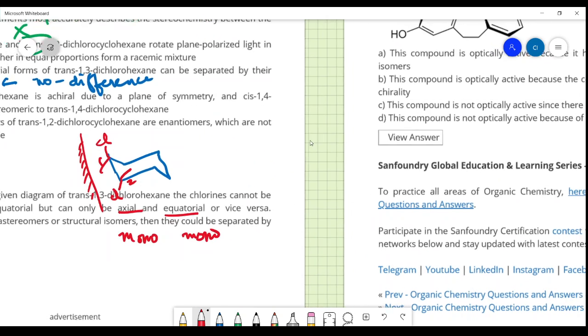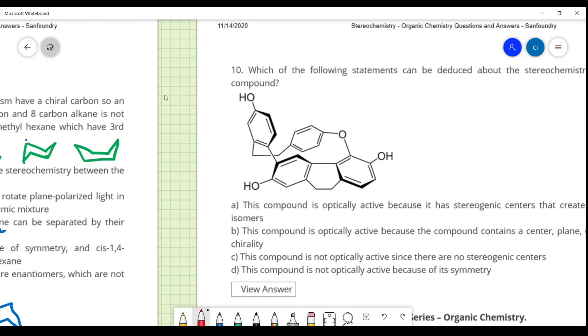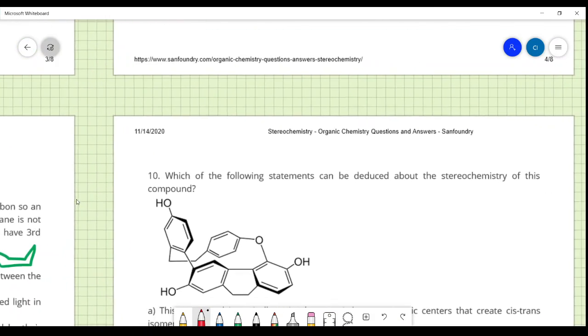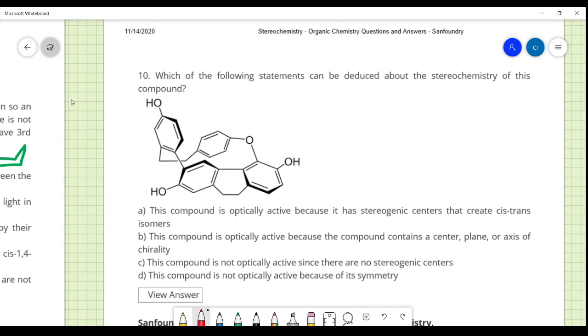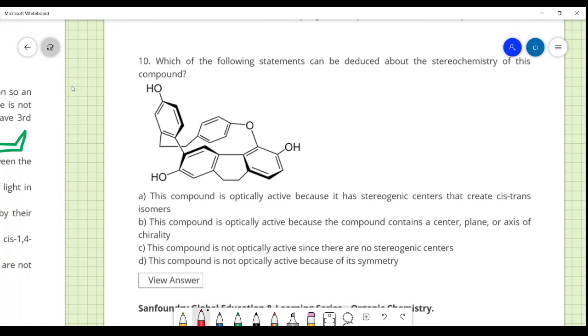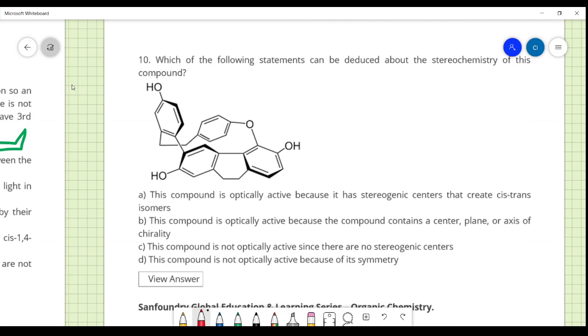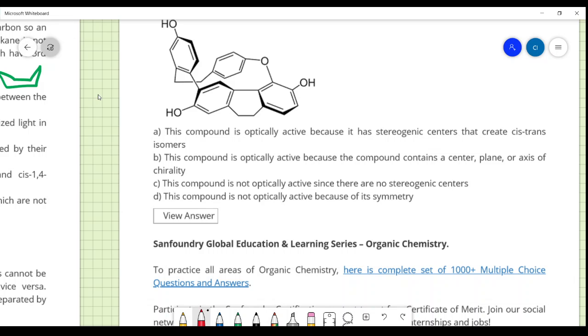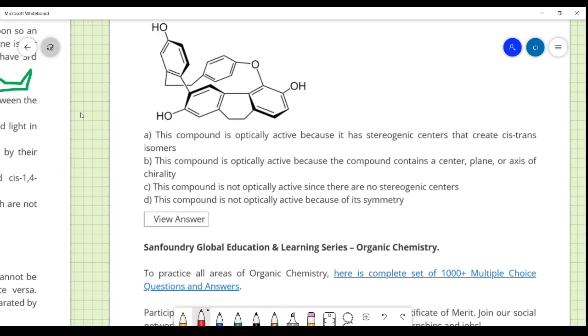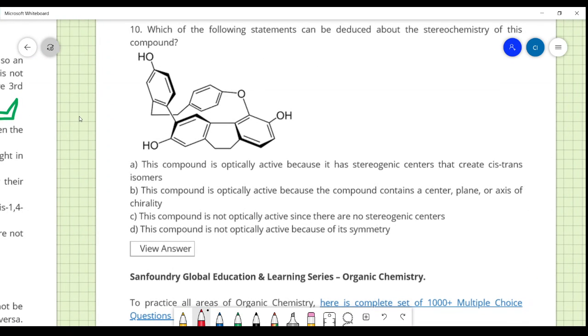Okay. Then question number 10 is, which of the following statements can be deduced about the stereochemistry of this compound? This compound is optically active because it has stereogenic centers that create cis trans isomers. This compound is optically active because the compound contains a center, plane or axis of symmetry.